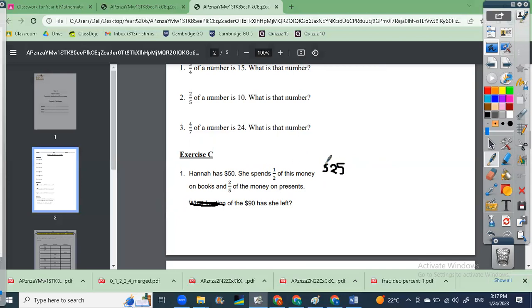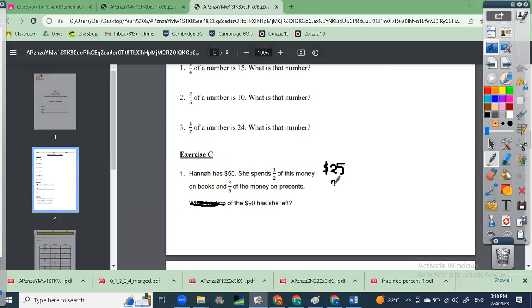Okay. And they said also that she spent 2/5 of the money on presents. So what is 2/5 of 50? In order to do that, we need to divide 50 by 5, which is 10. That's 2/5 of 50. 50 divided by 5 is 10, times 2 is 20.